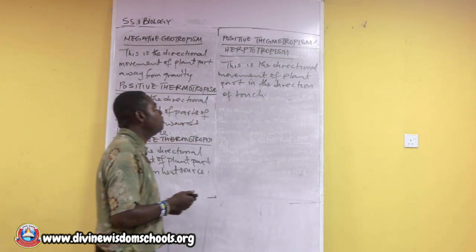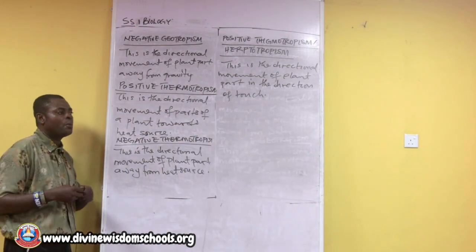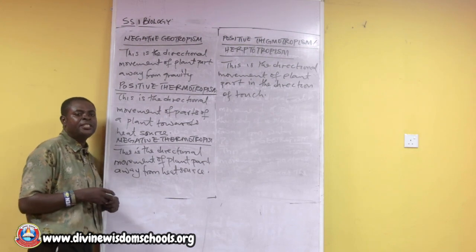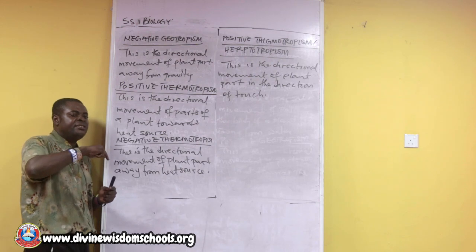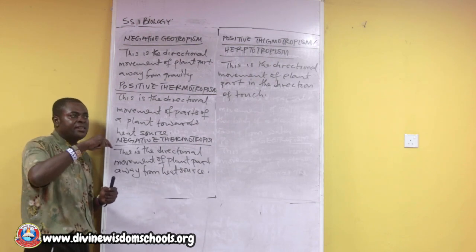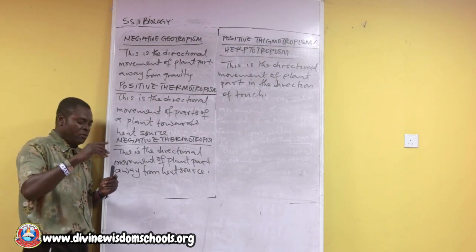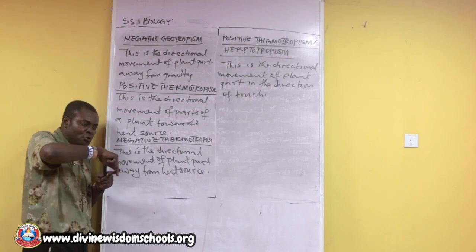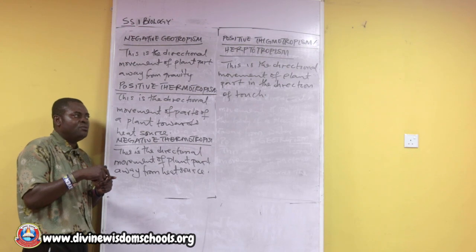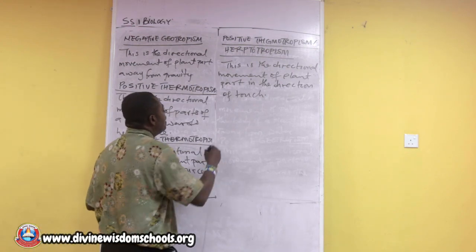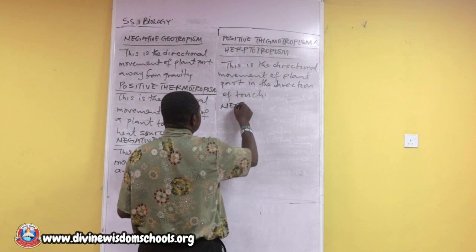We have all seen yam plantation before. So when you plant yam, the stem twists around a stick, which they call stake. So as it touches the stick, it starts twisting around it. So that's touch stimulus.